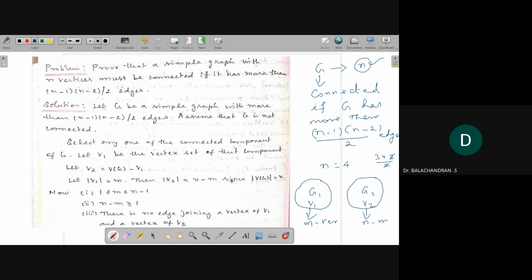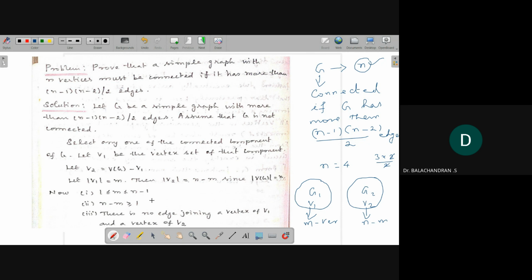The number of vertices m in G1 is minimum 1 and maximum n minus 1, because if all the vertices are in one component the graph is connected.